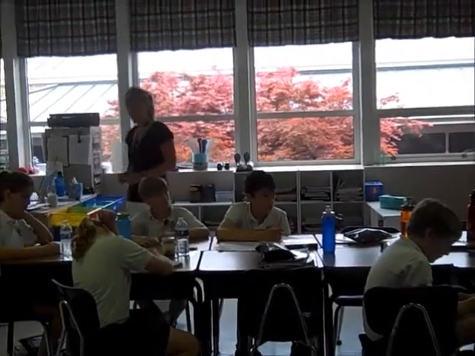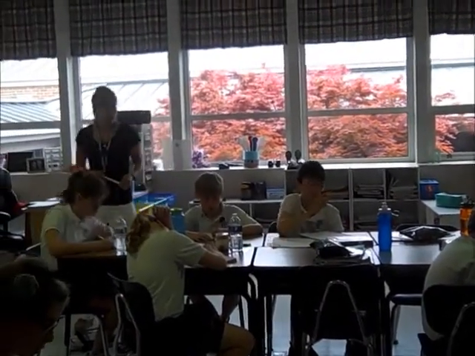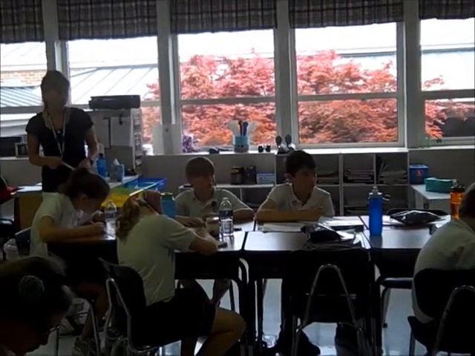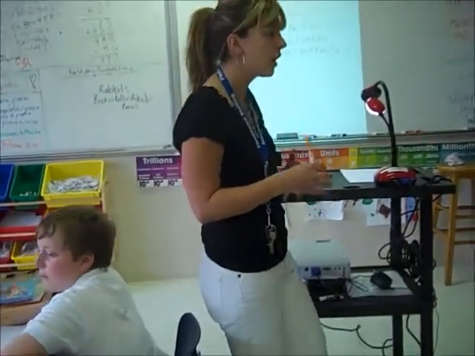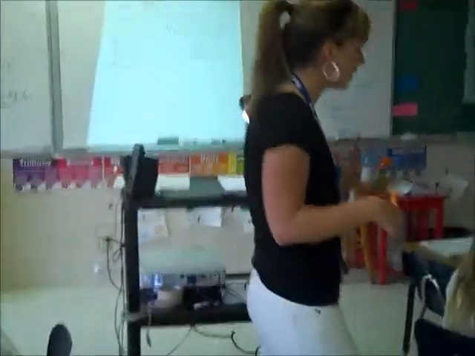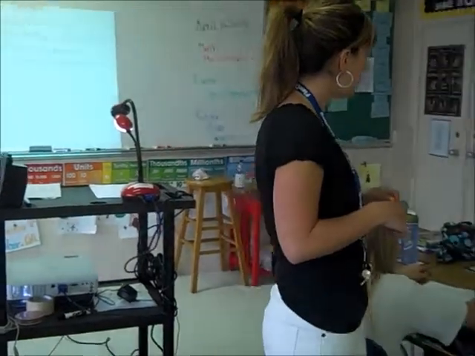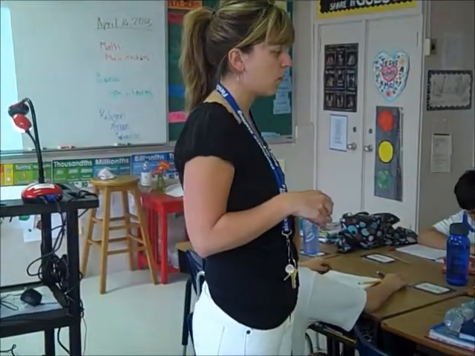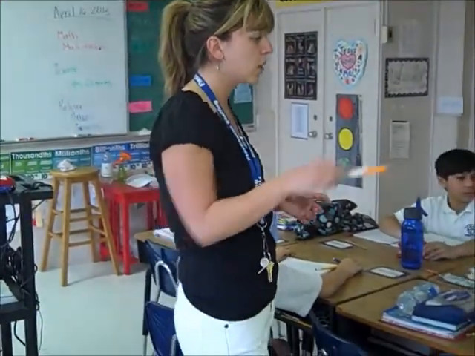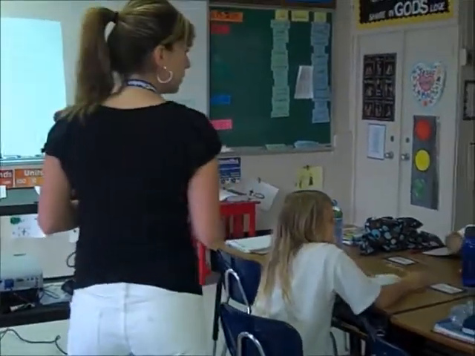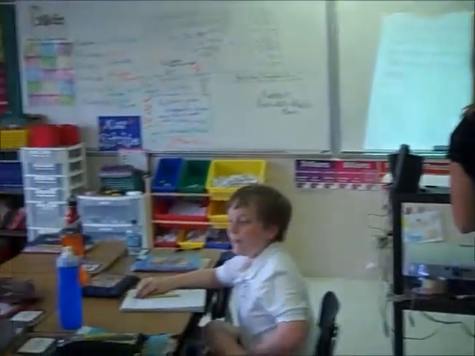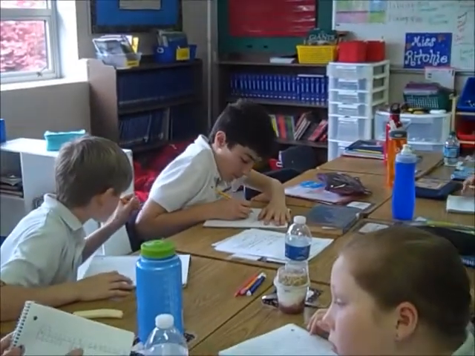We don't have to write the whole problem. We're just going to try and find a way to solve it. Explain how you found the answer that you found. So I want you to try and explain to your neighbor what you've done. It can be a group of 3 or just pick somebody around you.